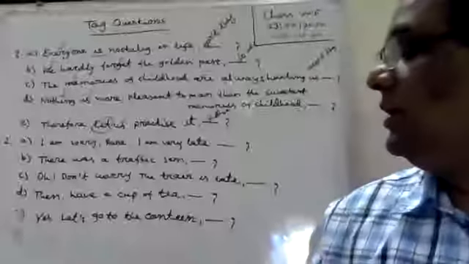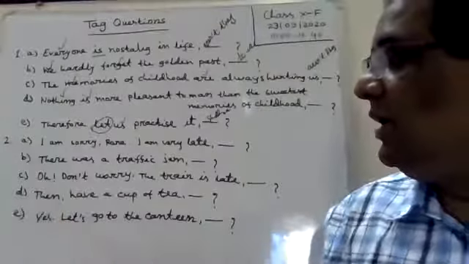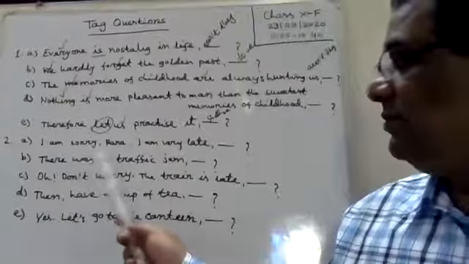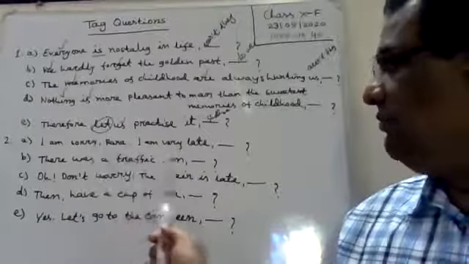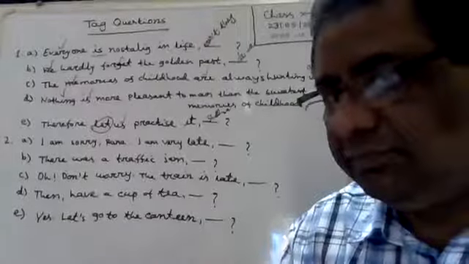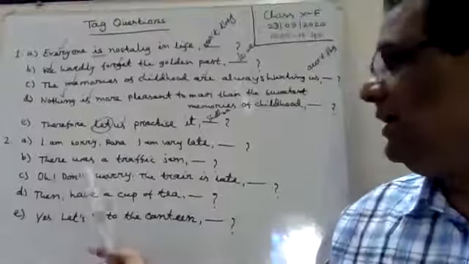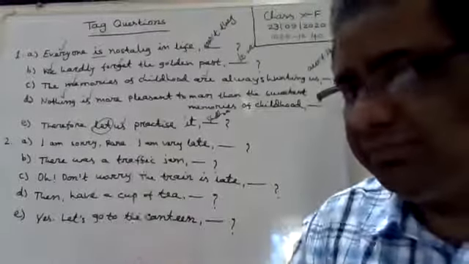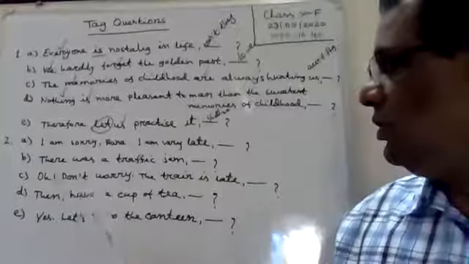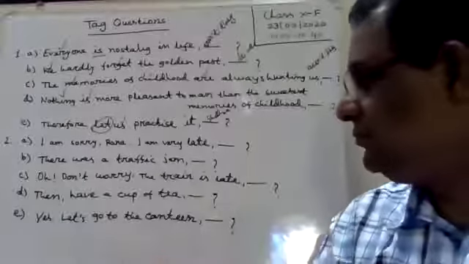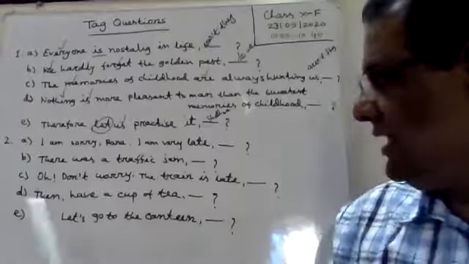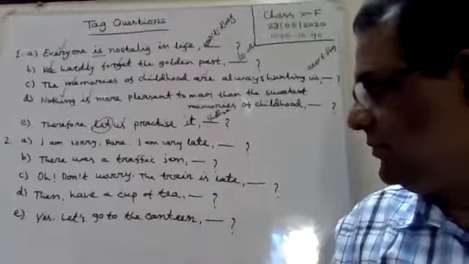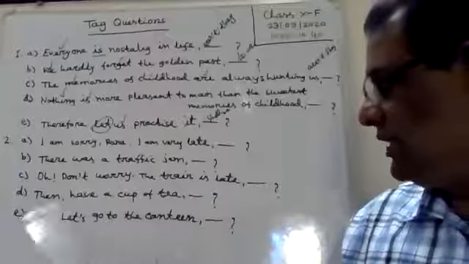Yes, sir. Okay. Number 2. A: I am sorry, comma, Rana, full stop. I am very late. B: There was a traffic jam. C: Oh, don't worry. The train is late. D: Then have a cup of tea. E: Yes, let's go to the canteen.